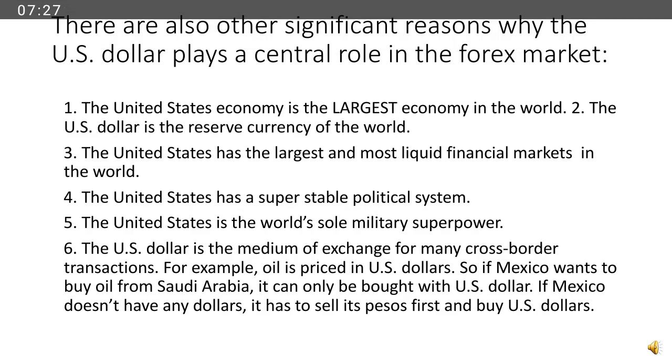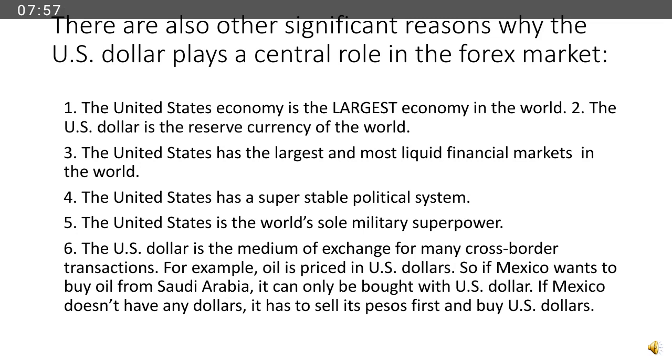Now, there are also other significant reasons why the US dollar plays a central role in the forex market. Number one, the United States economy is the largest economy in the world. Two, the US dollar is the reserve currency of the world.